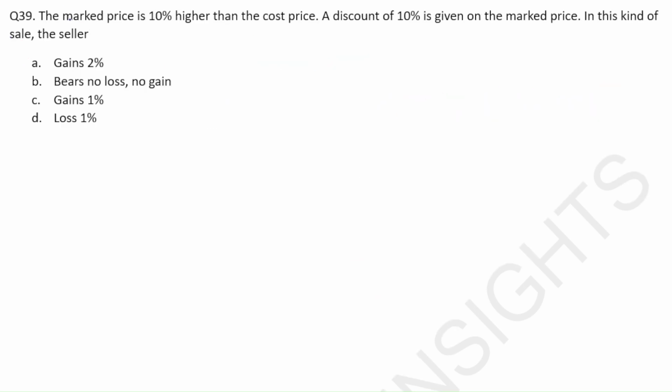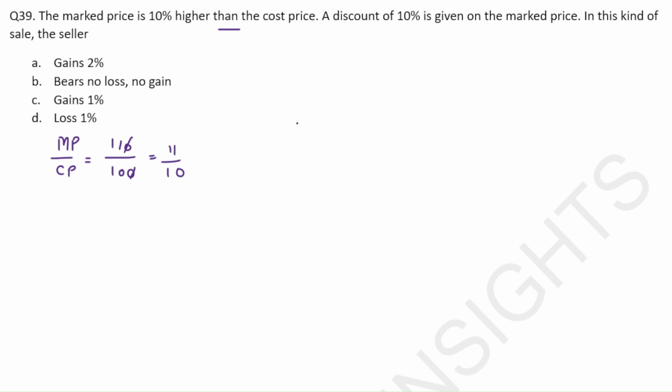Next question. The mark price is 10% higher than the cost price. So that means MP by CP is how much? MP is 10% higher. So if the CP is 100, it will be 110, right? Convert into simplest form, so you will get 11 by 10. And then a discount of 10% is given on the mark price.